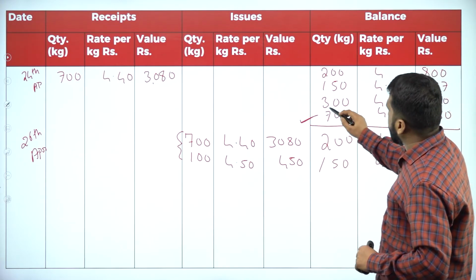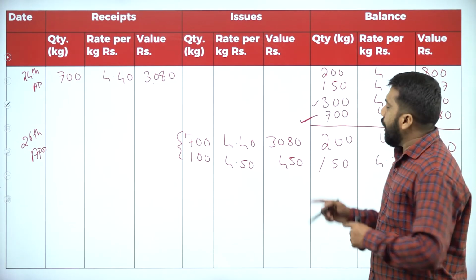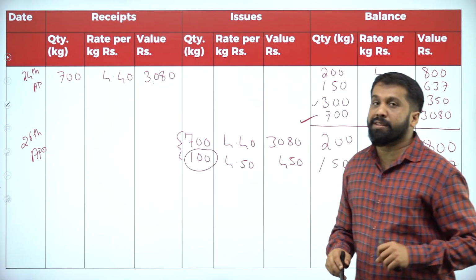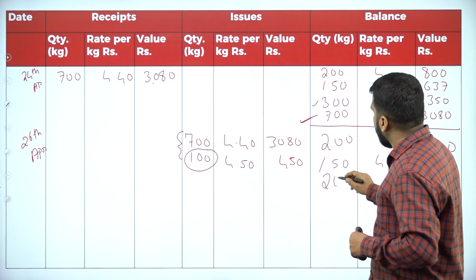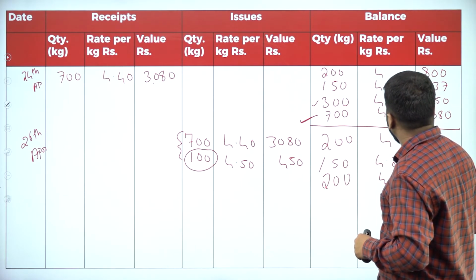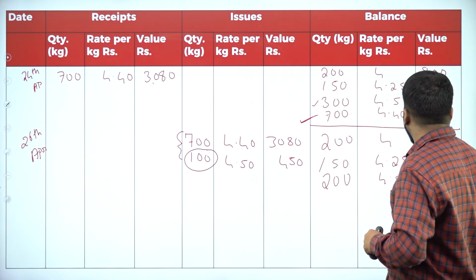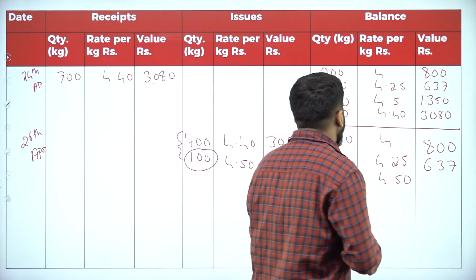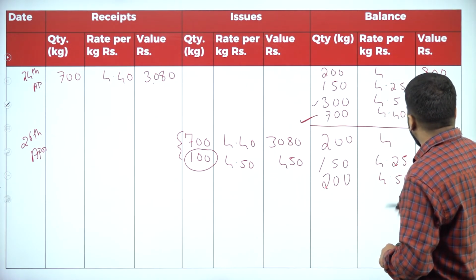Now, the third box you have used but not completely. Out of 300, how much have you used? 100. What is the balance? 200. So 200 into 4.5 comes around 900.